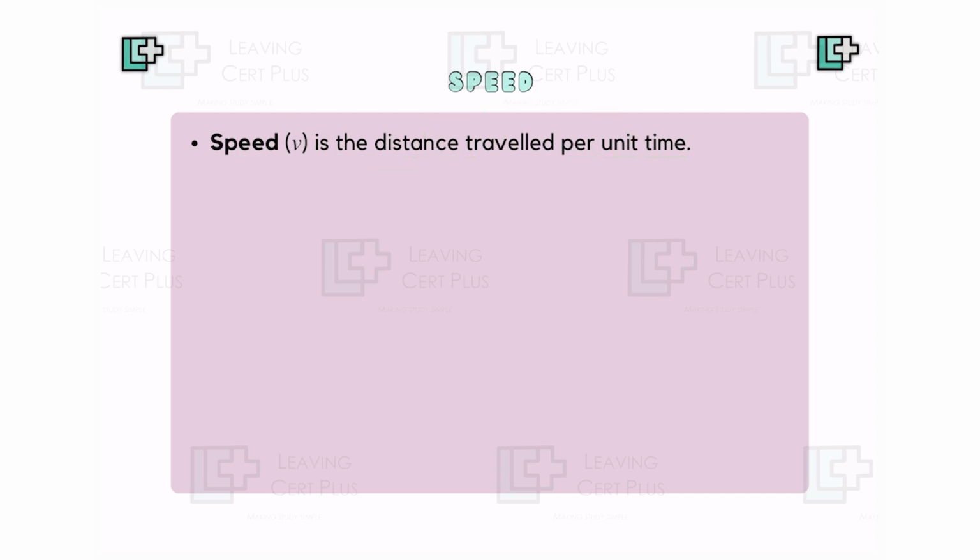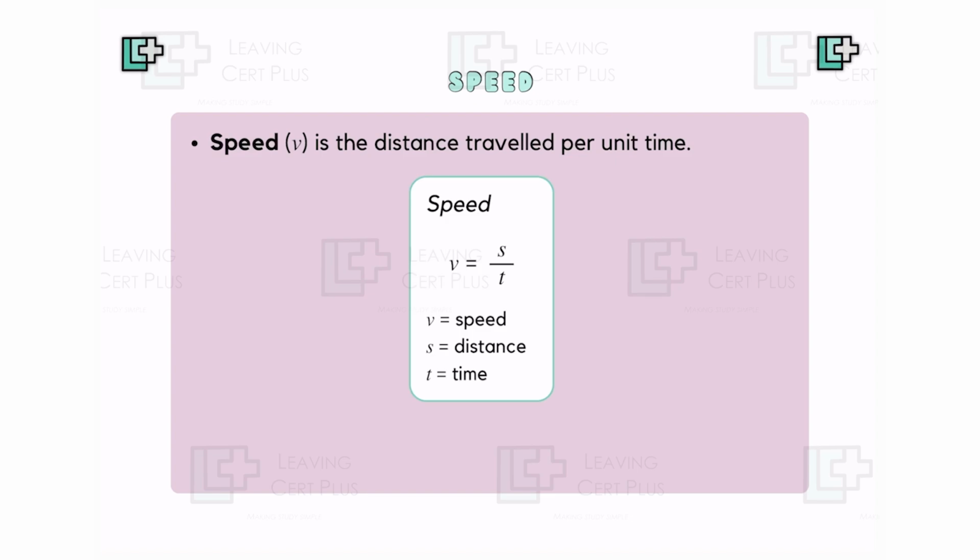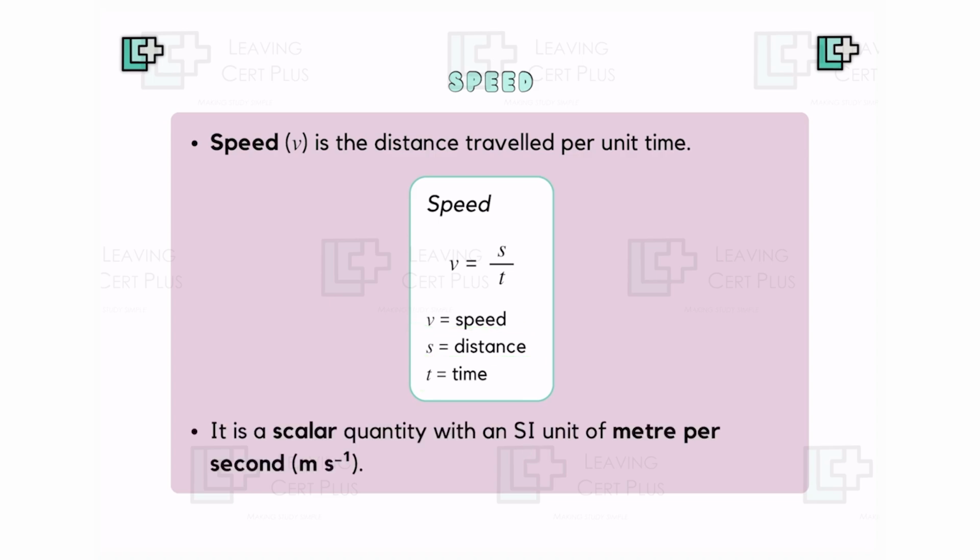To calculate the value of speed, v equals distance over time, or in other words, v = s/t, where v is speed, s is distance, and t is time. Because speed is a scalar quantity, it has no direction, and its unit is meter per second. And that's it for today's video.